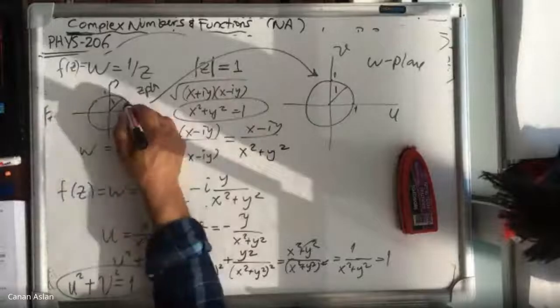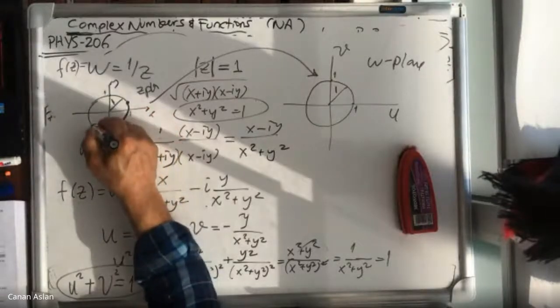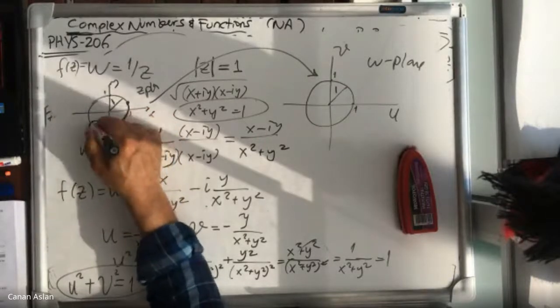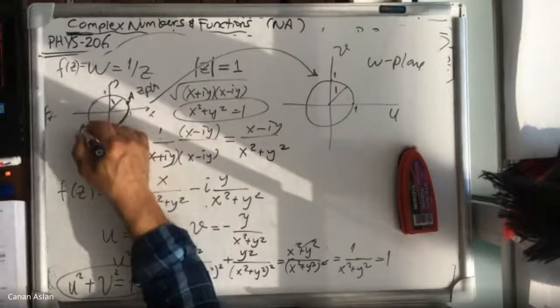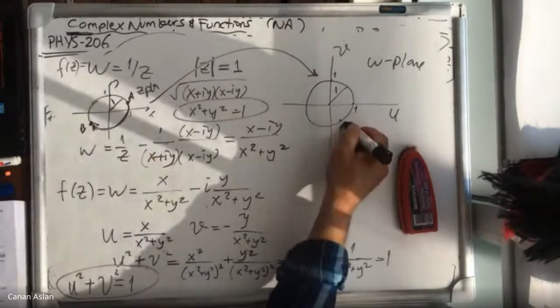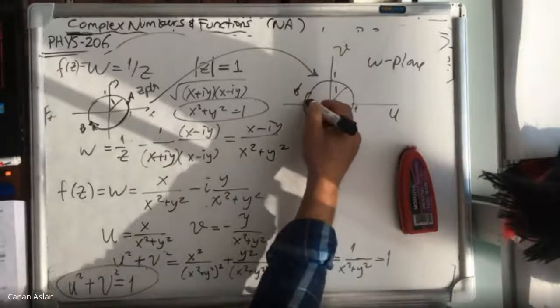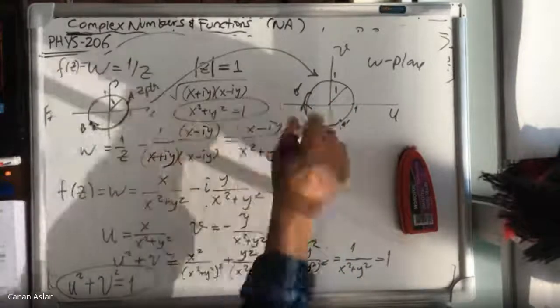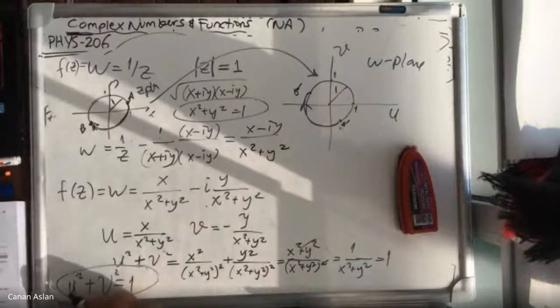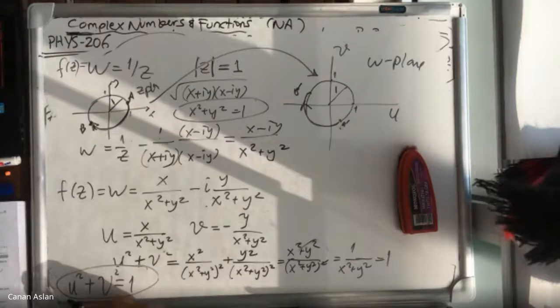If you move from this point to that point, say points A and B, the points can be A prime and B prime, and you can go around like that. So basically the paths will be the same for both the Z plane and the W plane. So that's it.